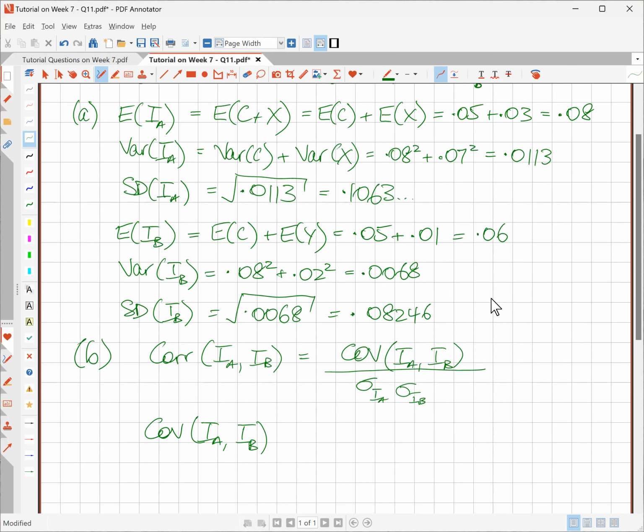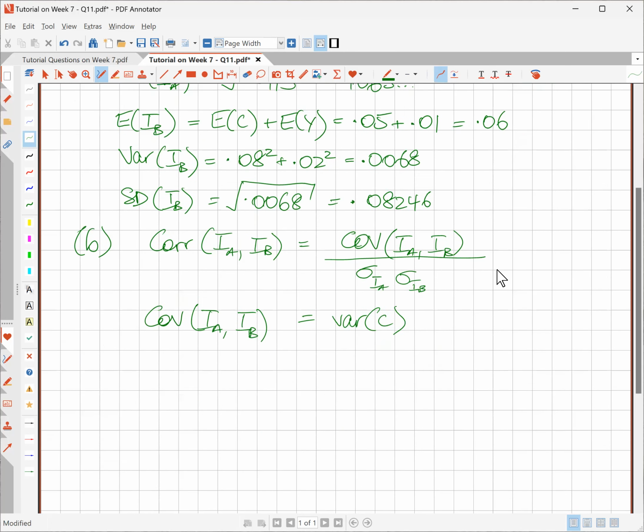And that tells us immediately that the covariance is simply going to be the variance of C, because C is the variable that is shared between IA and IB, and the remaining variables X and Y are independent of C and independent of each other. So we could simply write down that the answer here is the variance of C.